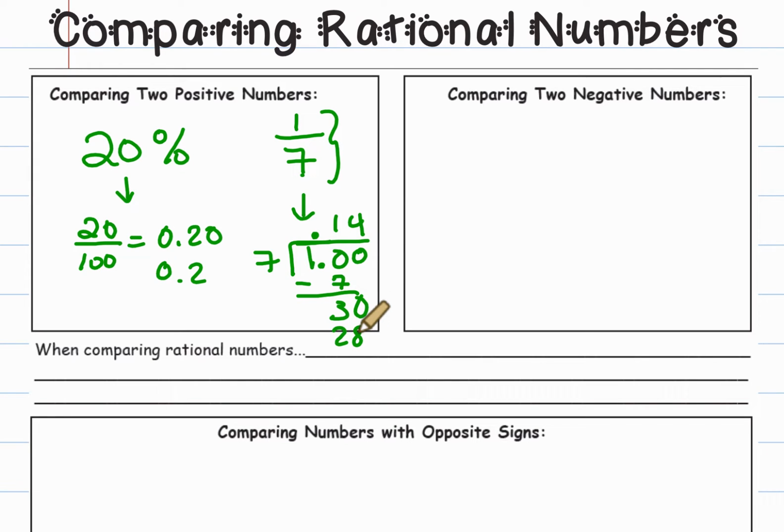Now, I actually have enough information to make a comparison, because I know that 20% is exactly the same as 20 hundredths, but 1/7 is approximately 0 and 14 hundredths and a little bit more. But I can now look at the tenths place and see that the number from 20% has a larger value in that place than 1/7 does. Therefore, 20% has to be greater than 1/7.